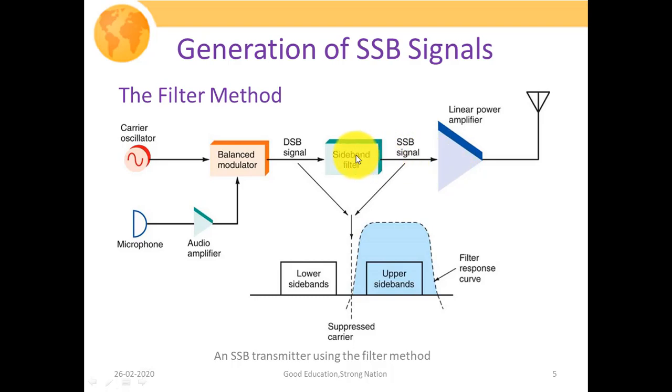Since the sideband filter precisely selects only one sideband, at the output you will only have a single sideband, either upper or lower sideband. This signal passes through a linear power amplifier, and after that we forward it to the antenna for further RF signal transmission. In this manner we generate our single sideband signals.